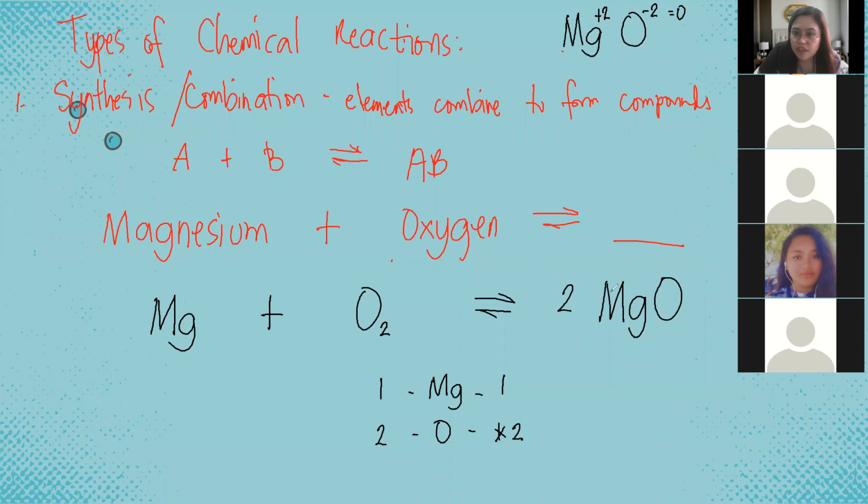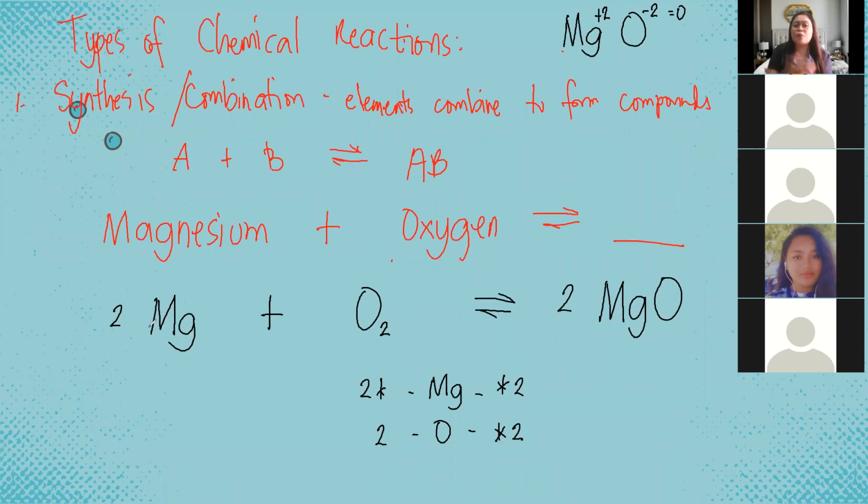But take note that these 2 are being combined. So apil si magnesium, mahimo na siya og 2. So dili na siya balance. Let's just place 2 here as coefficient so that magnesium will also be 2. Dili na to siya ginabutang as subscript ha, coefficient siya. So this time balance na atong equation. Say meaning ana, you need 2 molecules of magnesium, i-combine nato siya with 1 molecule of oxygen.